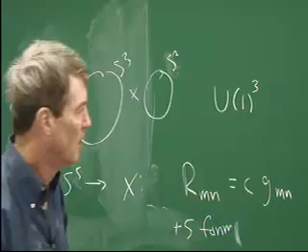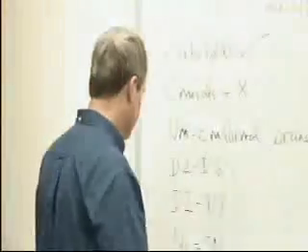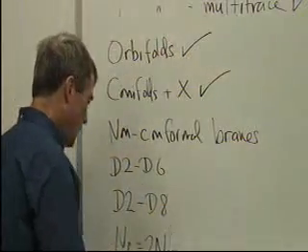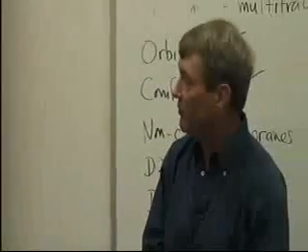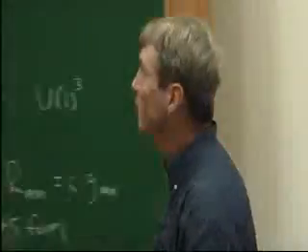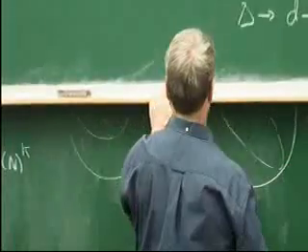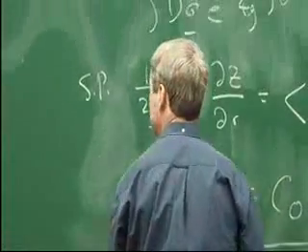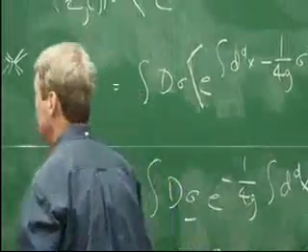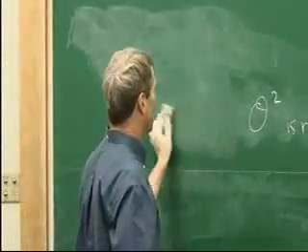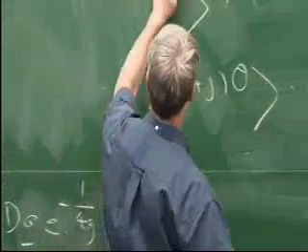Okay. So we're doing pretty well. So the next item on my list was non-conformal branes. So what if we tried to repeat the whole story, not with a D3 brane, but with a D2 brane.